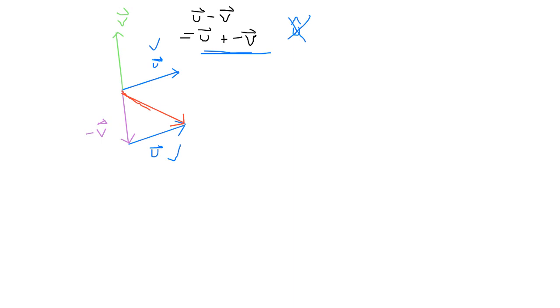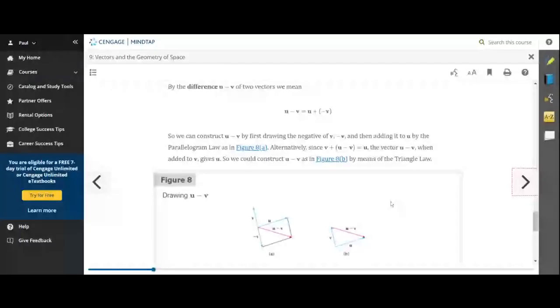That is equal to u minus v. So in figure 8a, they show this red vector and they have u minus v by it. And that's why. They didn't show this part here. But now let me go back to the figure.